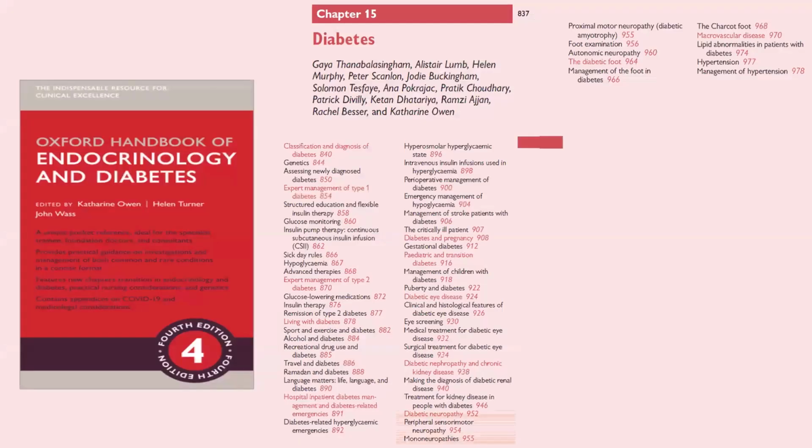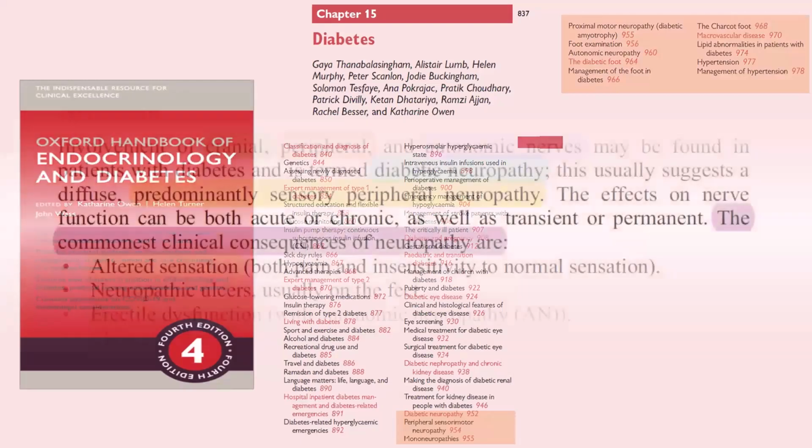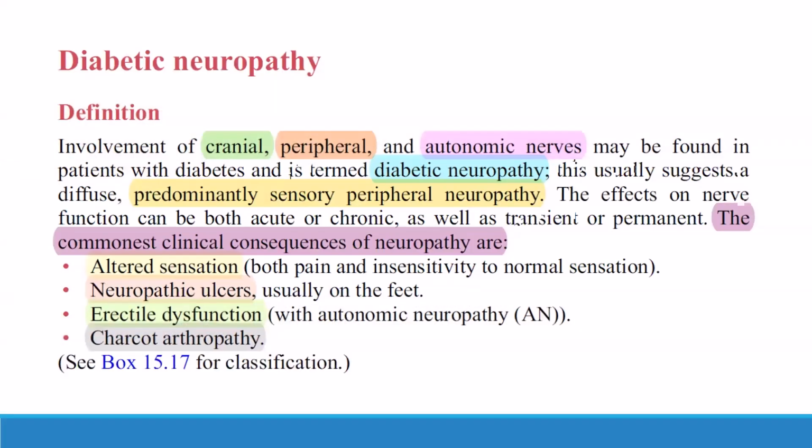In today's session, inshallah, I will cover diabetic neuropathy, proximal motor neuropathy, and the management of diabetic foot and Charcot foot and so on. Diabetic neuropathy is defined as involvement of cranial, peripheral, and autonomic nerves, which may be found in diabetic patients, and it is predominantly a sensory peripheral neuropathy.